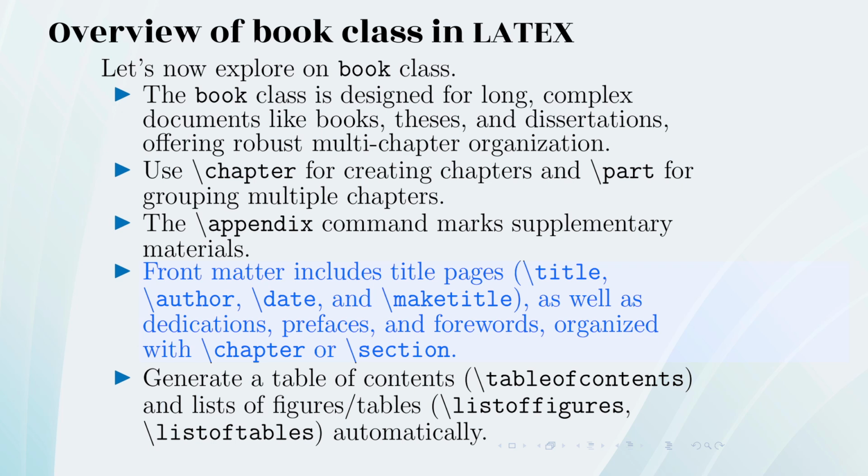In addition to the title page, the front matter allows for the inclusion of other sections such as dedications, prefaces, and forewords. These sections are added as separate parts using the chapter command, or as sections using section, depending on your preference for document organization. The book class automatically generates a table of contents with the command \tableofcontents.